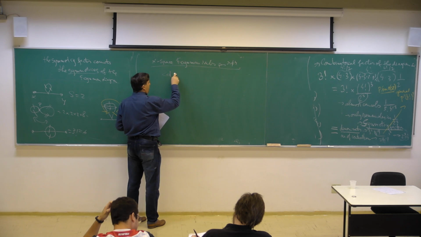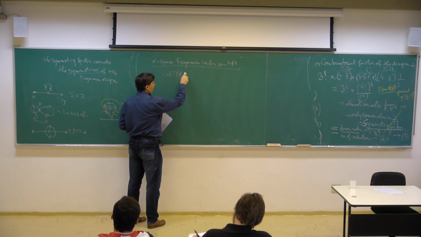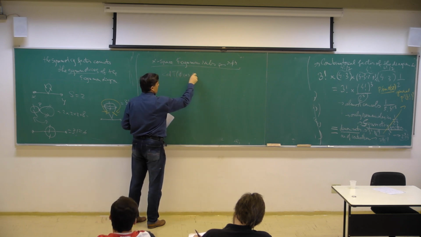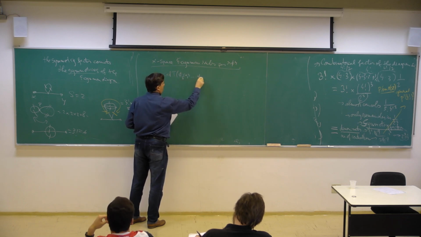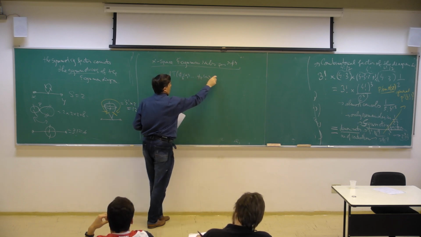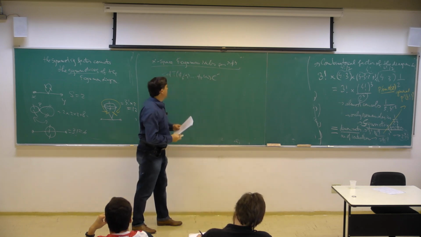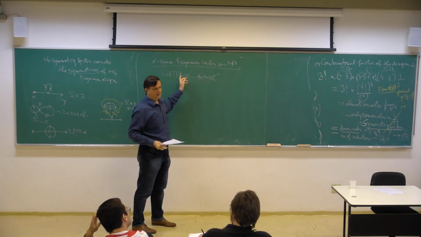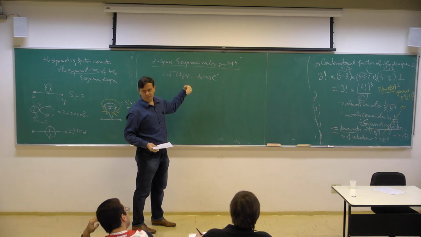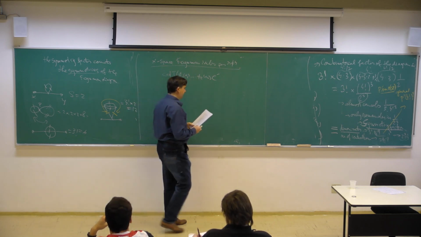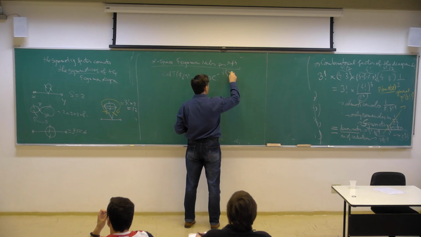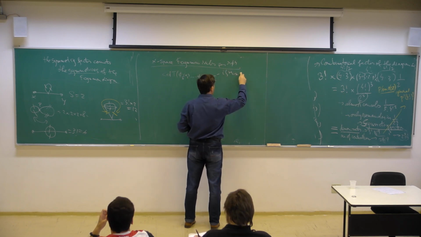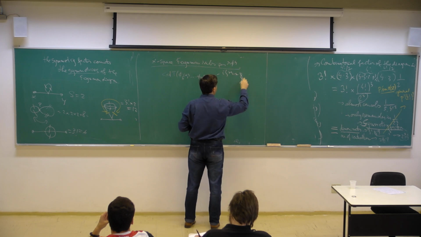So we have been considering this numerator, but in fact, if I put n equal to 0, so no external points, I also get Feynman rules for the denominator.